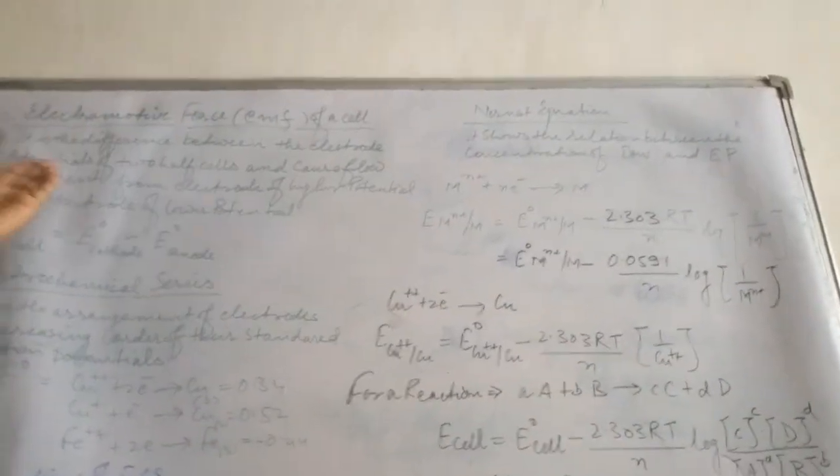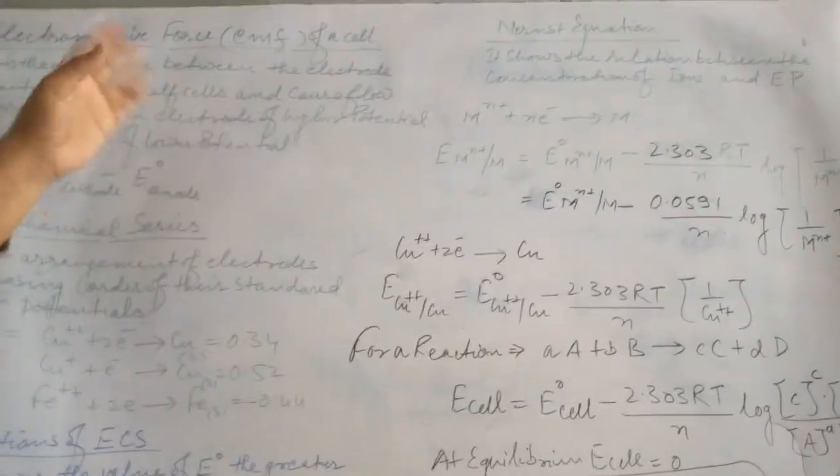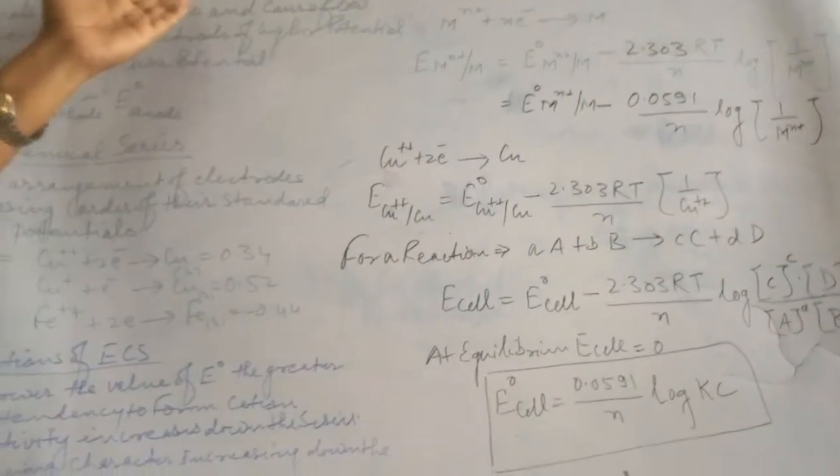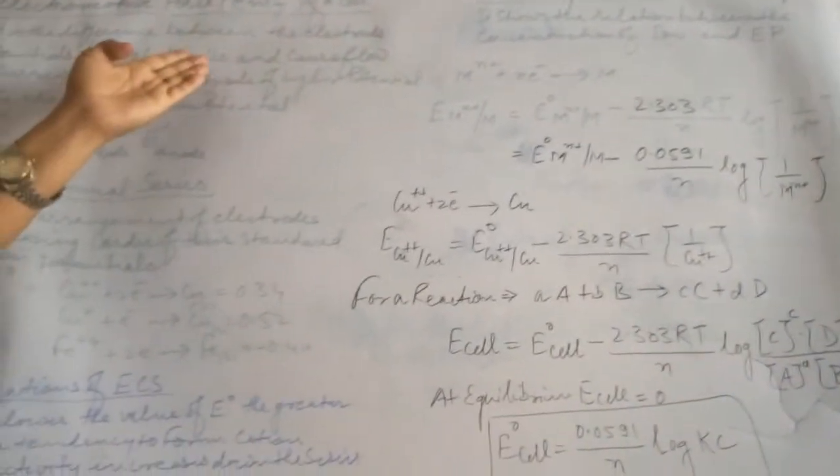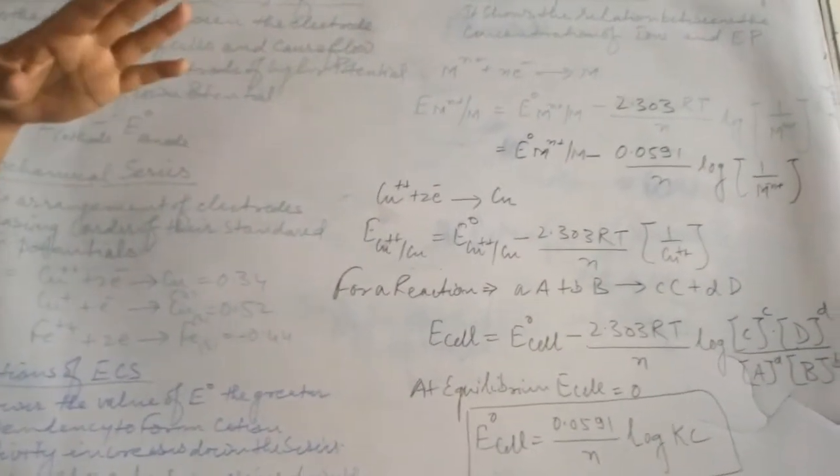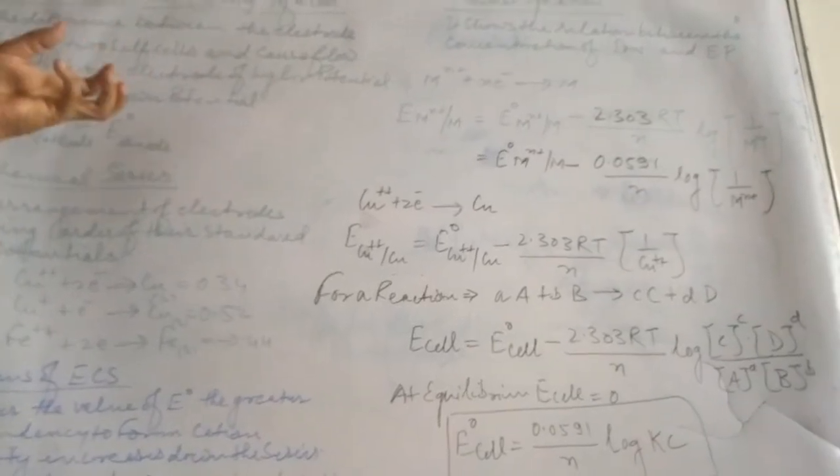It is the difference between the electrode potentials of two half cells. How can you define this? It is the difference between the electrode potentials of two half cells. For these half cells, you have already studied cathode and anode.